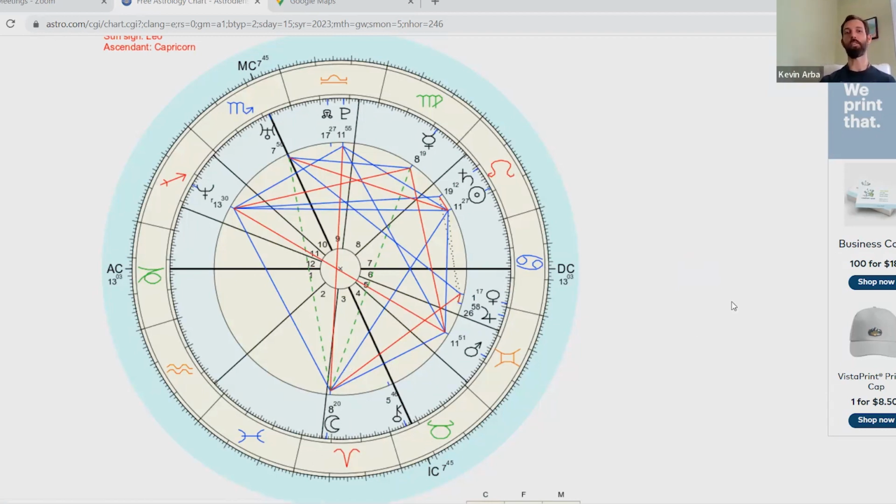Also considering that her Sun and chart ruler are in the seventh house, I would expect relationships to be complex and important in Sarah's life. And I say complex because her Moon is so heavily aspected. Her Moon aspects almost every planet in her chart, actually, which is interesting. I definitely would say that's true.